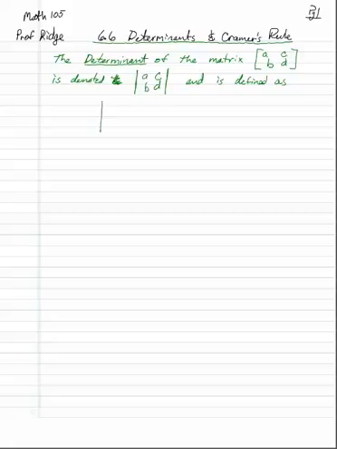The determinant of A, B, C, D is equal to the main diagonal, A times D, minus the other diagonal, C times B, or B times C, it doesn't matter, same thing. So it'll be AD minus CB. We want to memorize that.